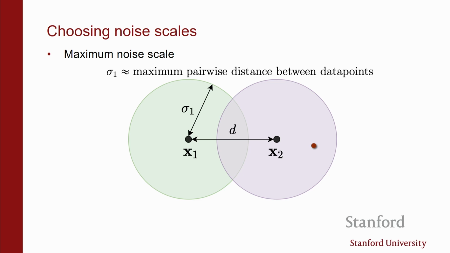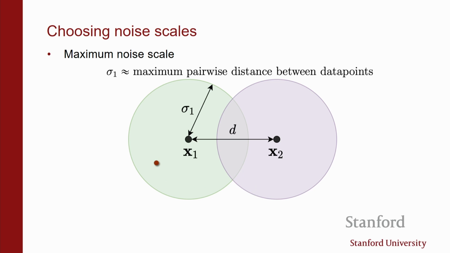So if you start from data point 1 and add a sufficiently large amount of noise, there should be a reasonable probability of generating data point 2, and equivalently, of going back in the other direction.